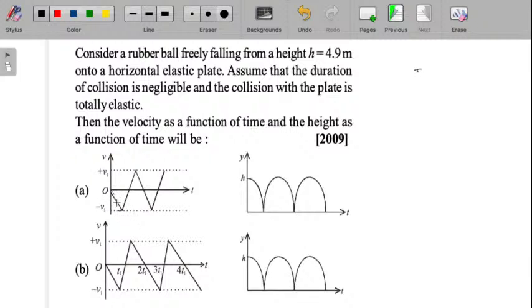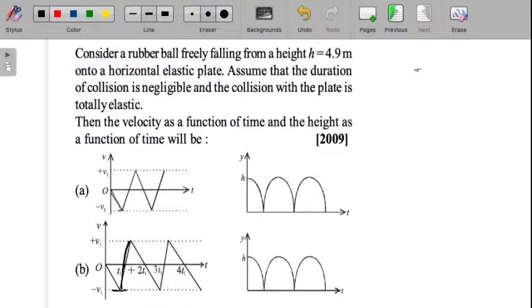Because the object, as soon as it goes and hits the ground at time t1, let's say, it immediately becomes negative like this, right?